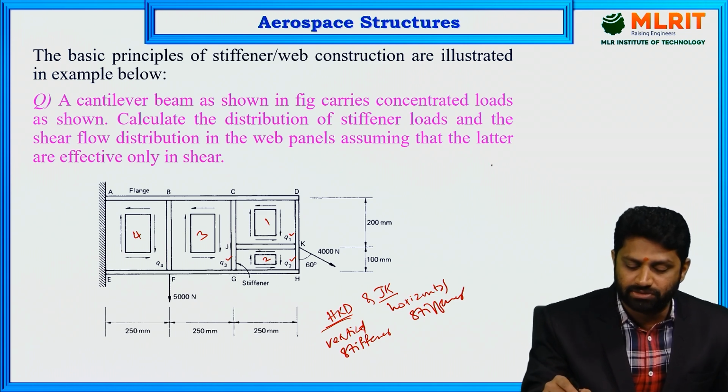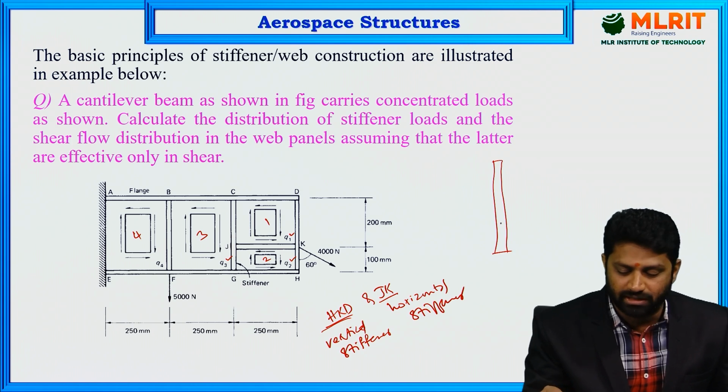For example, let's see one example here. If I am drawing the vertical stiffener HKD, this is point D, this is point H, and this is point K, through which a load of 4000 Newton is acting at an angle of 60 degrees.